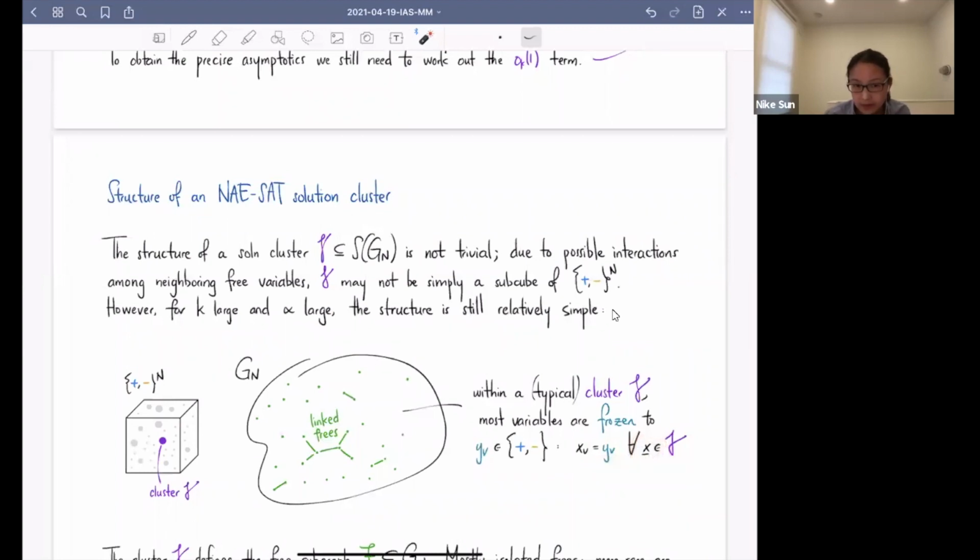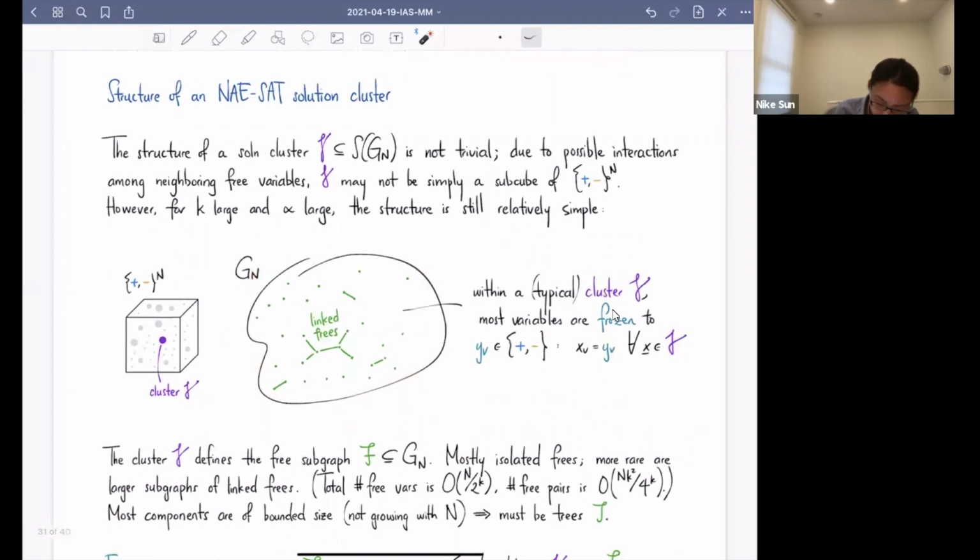So this is just to say that the clusters are pretty small in the regime that we are considering. So the majority of the variables, so 1 minus little o of 1 as k goes to infinity, so 1 minus a small fraction of variables, they will be just fixed always to plus or minus. And the total proportion of this green stuff, which indicates the frees, it's small.